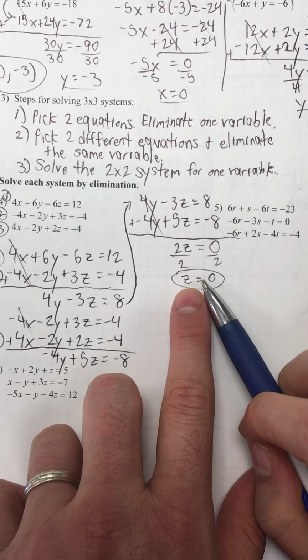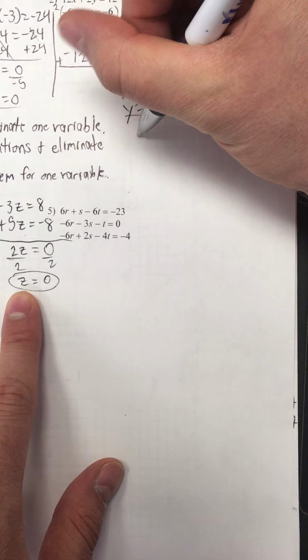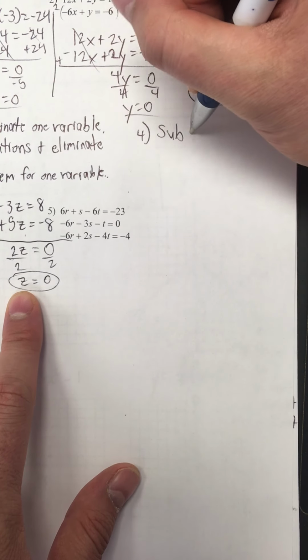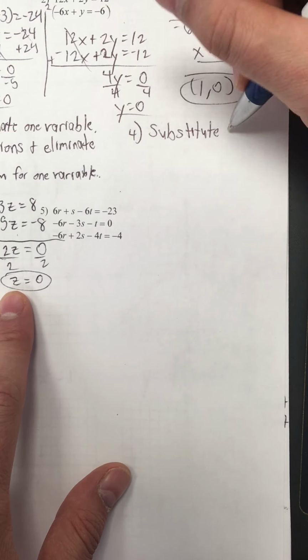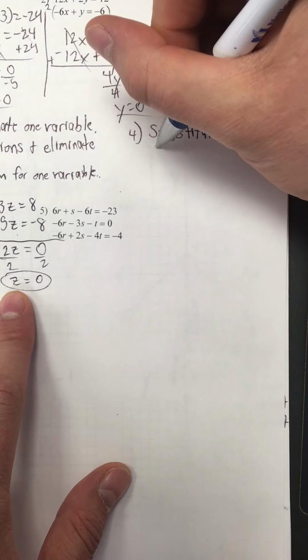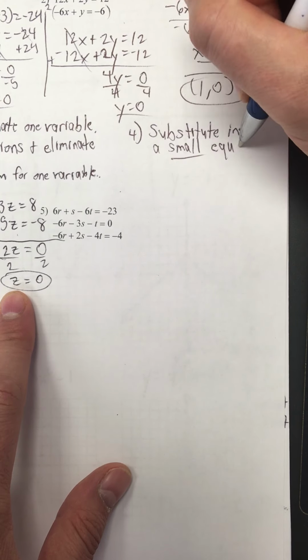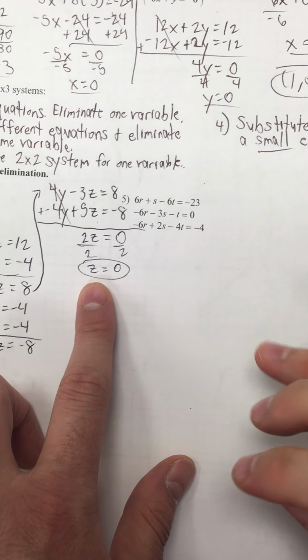Once you know one part of the answer, step 4, let me just write it over here on the side. Step 4 in all these problems is substitute that answer we found into a small equation. Don't go back and put it in one of the original ones. If you plug in z, you'll still have an x and a y and you'll hit a dead end.